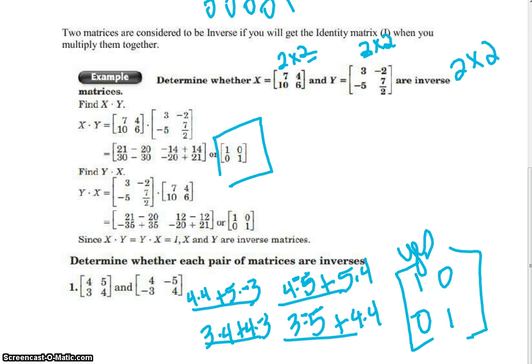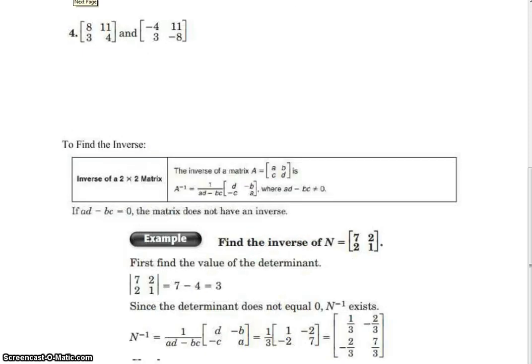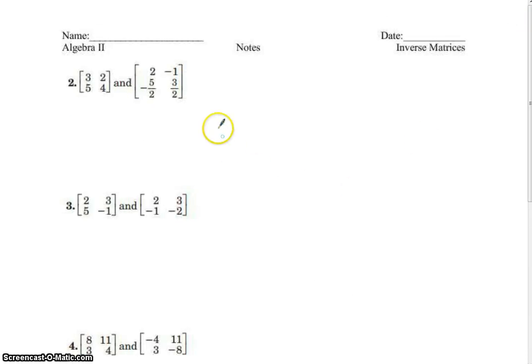Going to the next page. Same thing. I just want you to multiply and figure out. So you've got your first row times your first column. So you're going to have 6 minus 5, is that right? So that's 1.